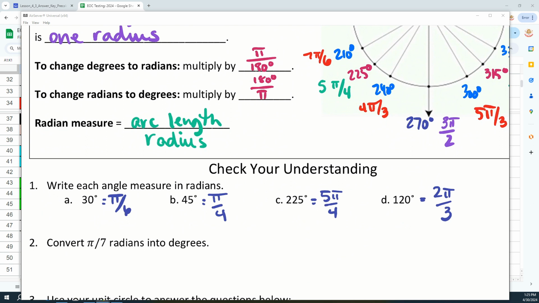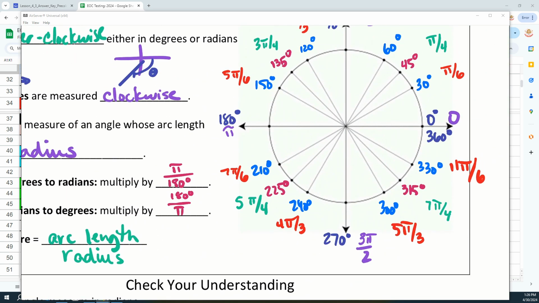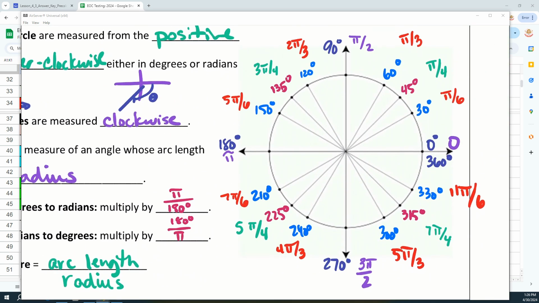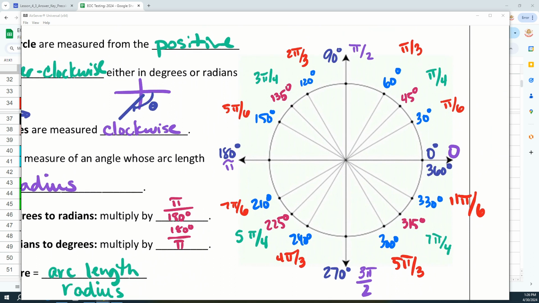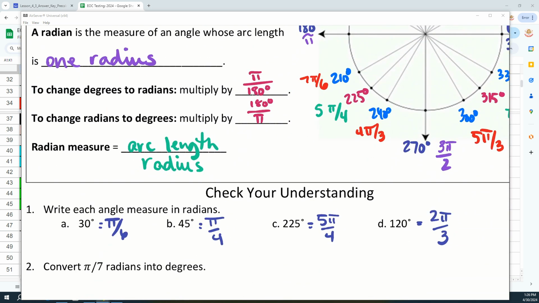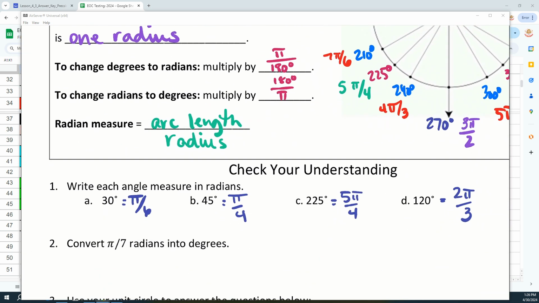So on number 2, we are doing the other thing. We have it in radians, we're changing it to degrees. It's going to be a little more difficult because there are no pi over 7s on our circle. Our denominators are only 6, 4, 3, and 2. There's no other denominator. So we're going to use this guy right here to go from radians to degrees.